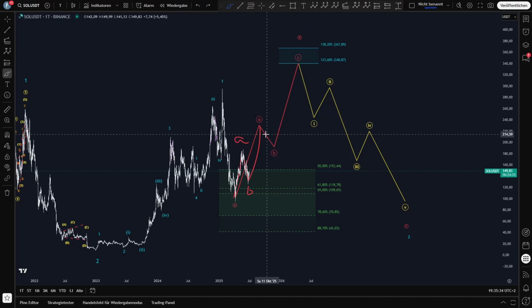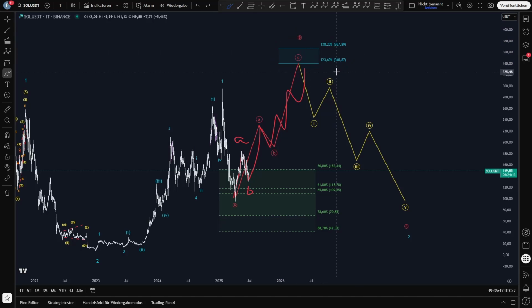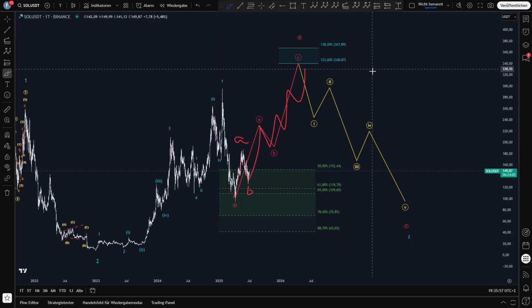From that point, we will see a B wave, and then a 5-wave move to the upside as a C wave. 1, 2, 3, 4, 5. That could lead us to this target area, starting with the 123% level at $340, extending to the 138% level at $367 for our high in this B wave.